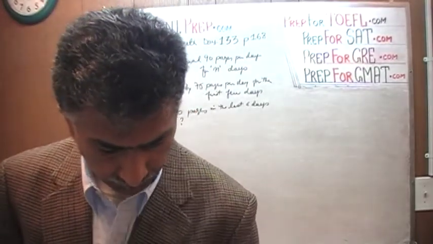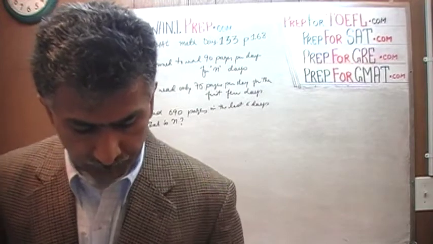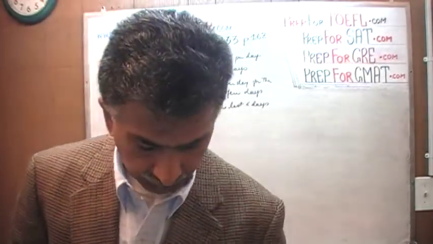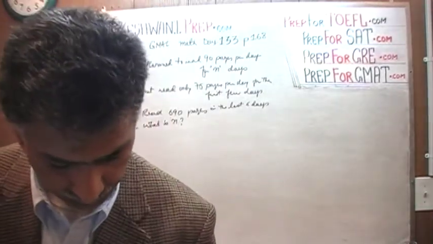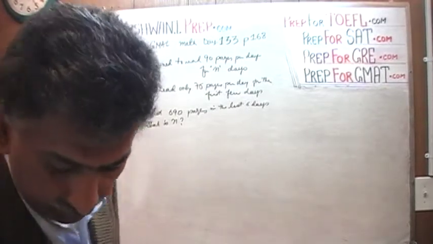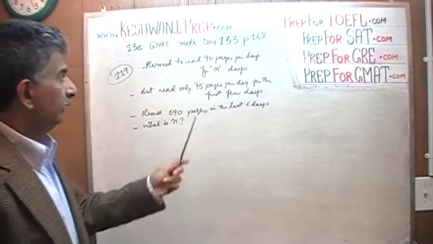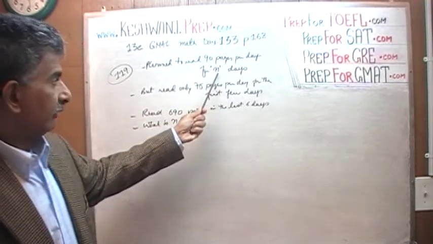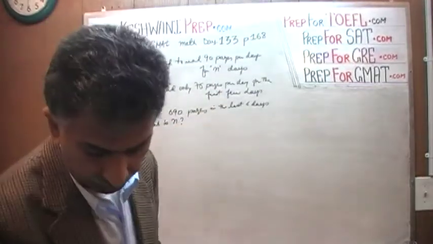Number 119. In order to complete a reading assignment on time, Terry planned to read 90 pages per day for a given number of days, which we're calling n days, even though the book does not actually say it like that.